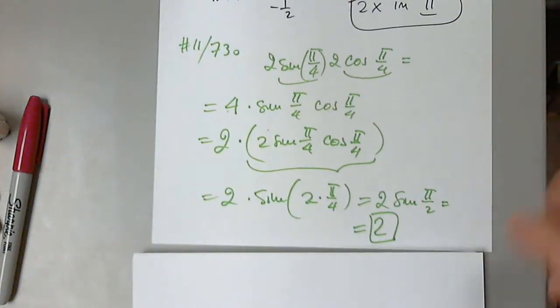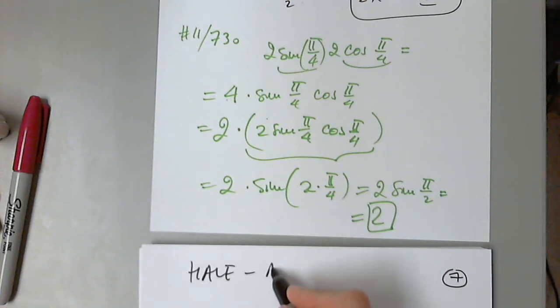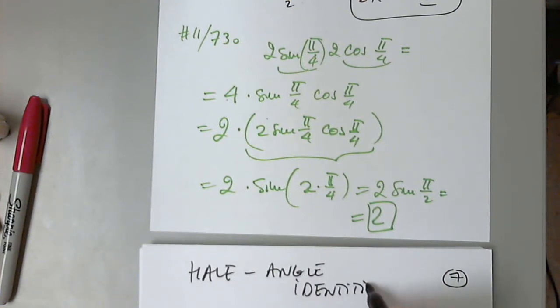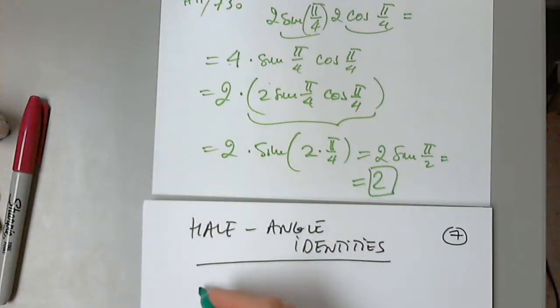Okay, let's continue with half angle identities. So let's go back to cosine twice A. Can anyone remind us what this is equal to?